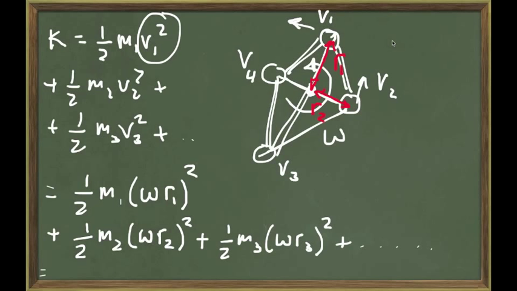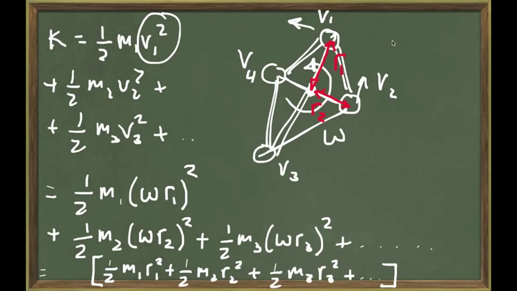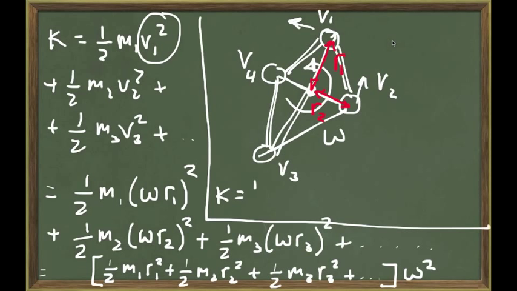So the kinetic energy is going to be equal to 1/2 of m1 r1 squared plus 1/2 of m2 r2 squared plus, everything multiplied by omega squared, since omega squared is in each one of the terms that make up the summation. 1/2 of m1 r1 squared plus m2 r2 squared, and all of those terms multiplied by omega squared.